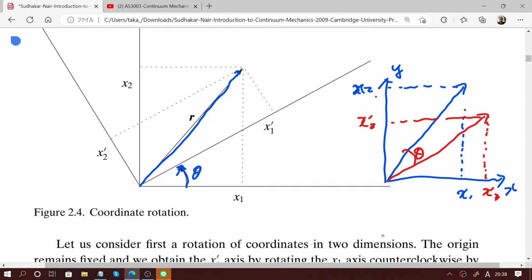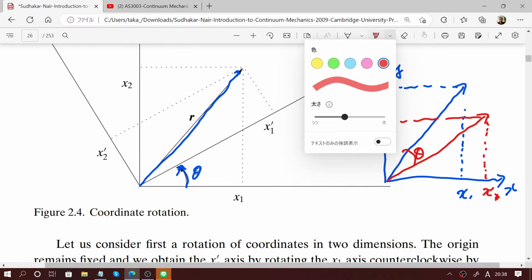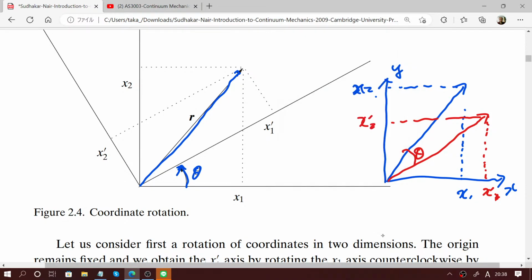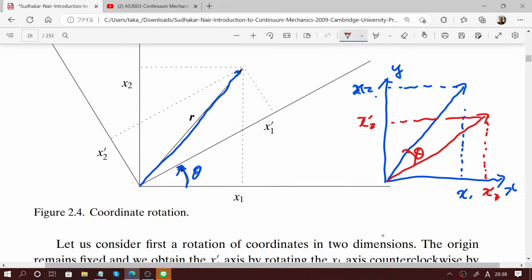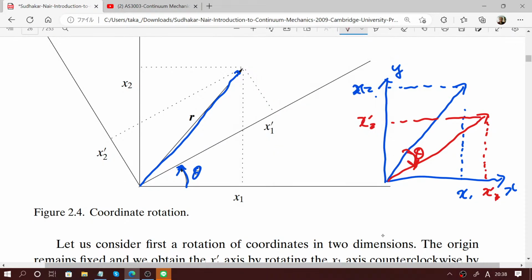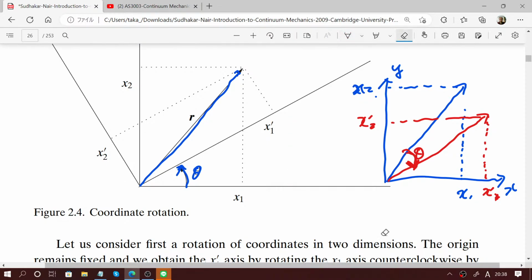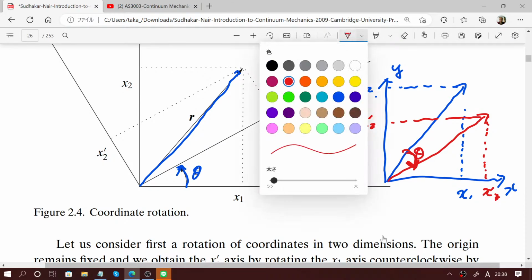I'm not so sure. So then with this theta rotation, you can see this one changes. Let me use blue.